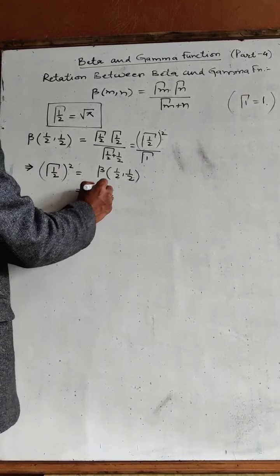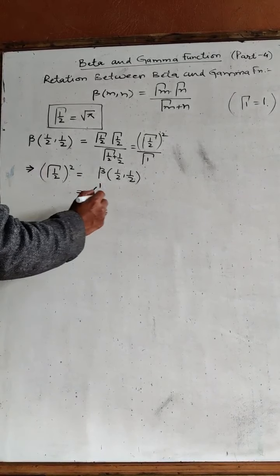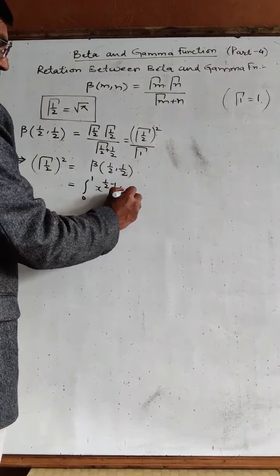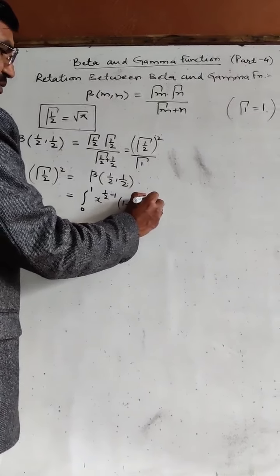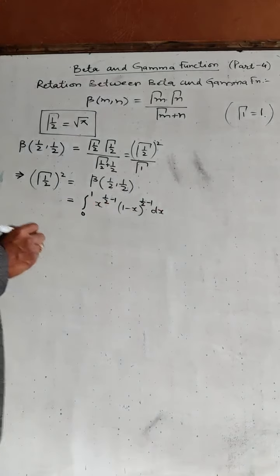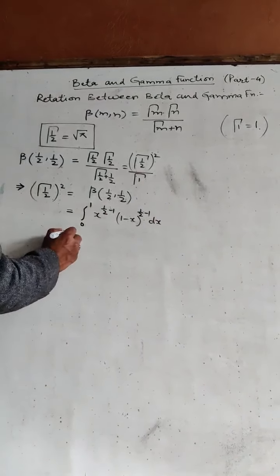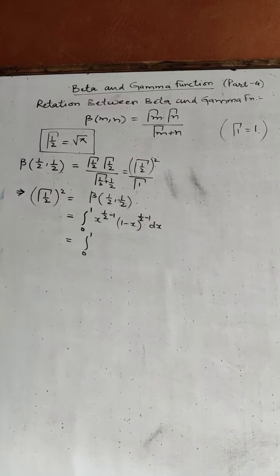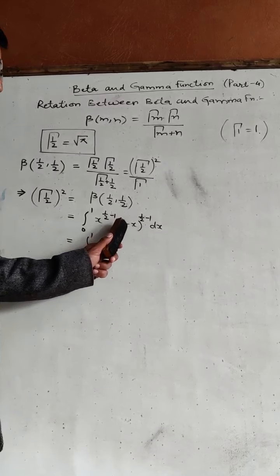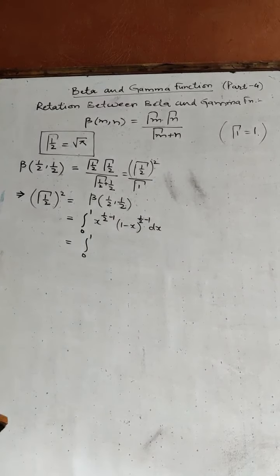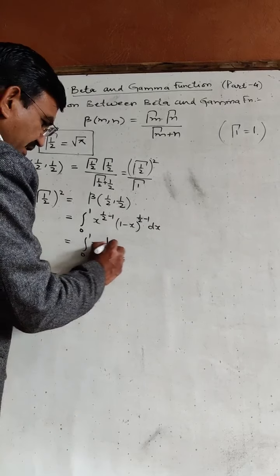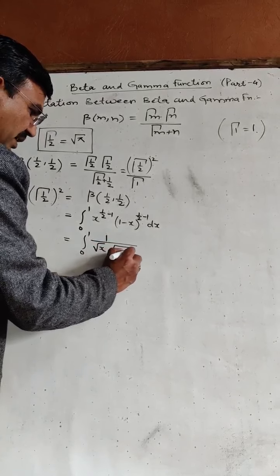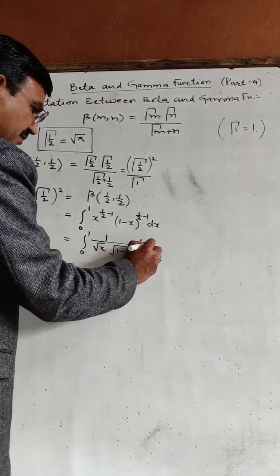It is the definite integral from 0 to 1 of x raised to the power 1 by 2 minus 1, (1 minus x) raised to the power 1 by 2 minus 1 dx. Now the power of x would be minus 1 by 2, and the power of 1 minus x is again minus 1 by 2. So it can be written as 1 over square root of x, square root of 1 minus x dx.